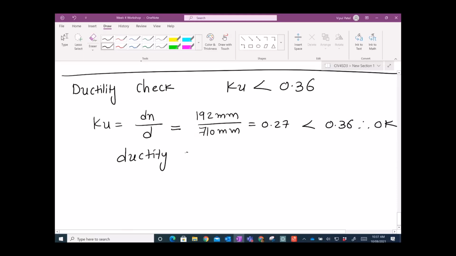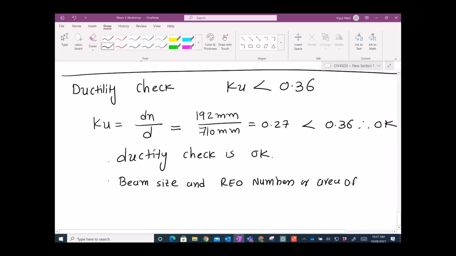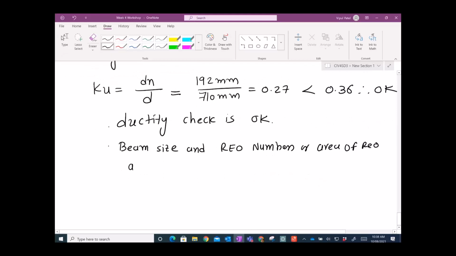Ductility check is okay. The beam size and rho numbers or area of rho are adequate for the ductility requirement of AS3600.